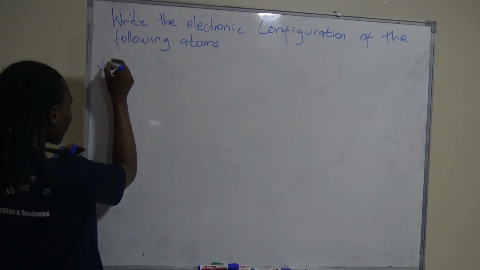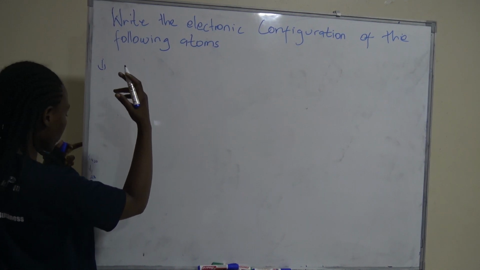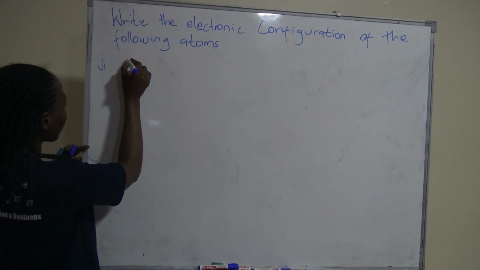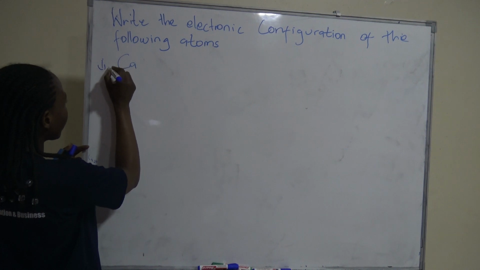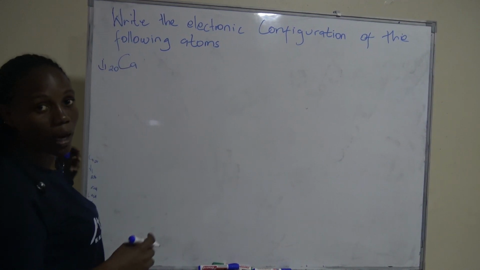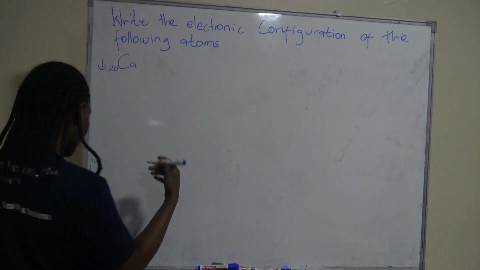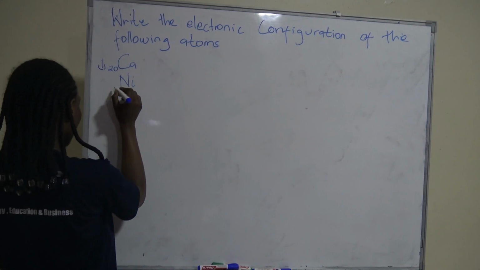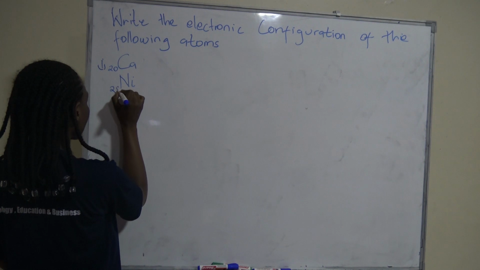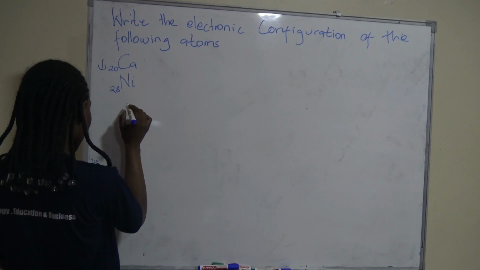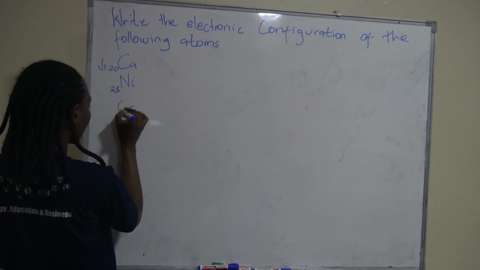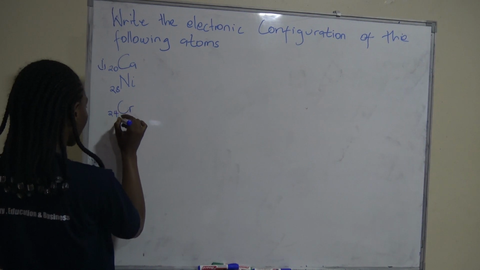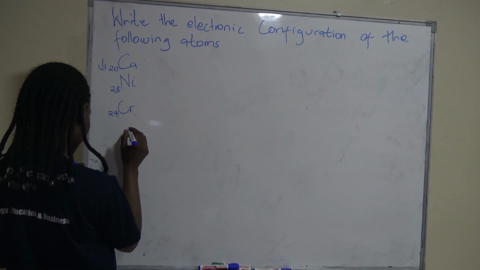Roman number 1, I don't recall the real order, but we had calcium, which has an atomic number of 20. We have nickel, which has 28. We have chromium, which has 24.